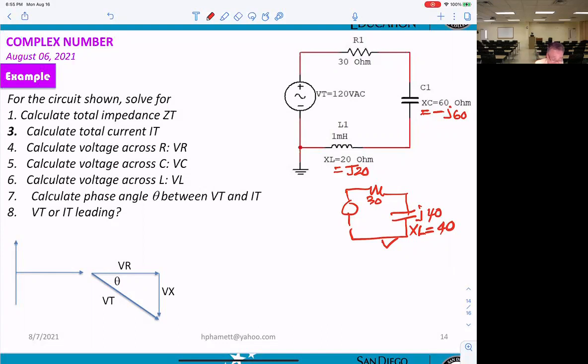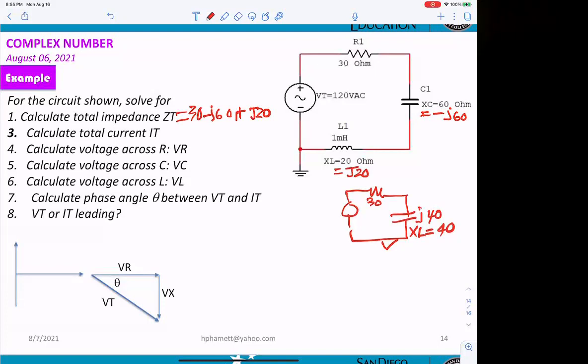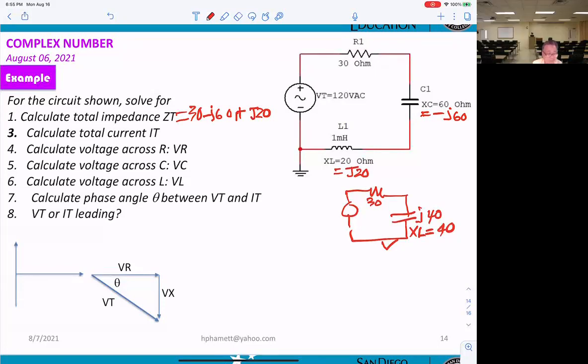ZT will be 30 minus 60 plus 20. We don't care about inductive or capacitive circuitry, just add them up.